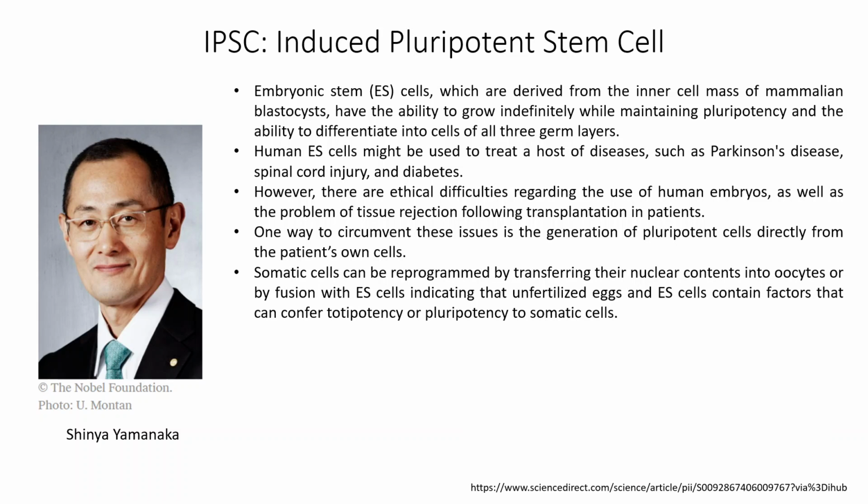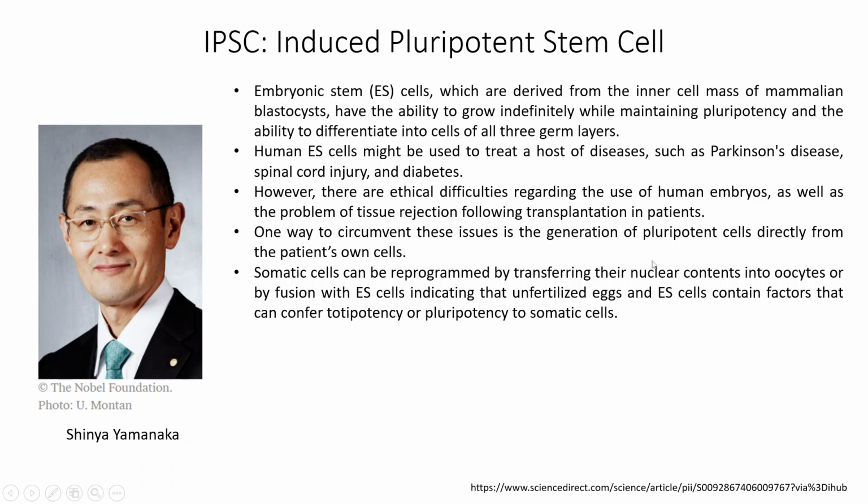adult cells. And somatic cells can actually, and this was an experiment that was shown to you in the coursework, be reprogrammed by transferring their nuclear contents into oocytes or by fusing them with embryonic stem cells, indicating that these unfertilized eggs and embryonic stem cells have some factors in their cytoplasm that can confer totipotency or pluripotency to somatic cells.